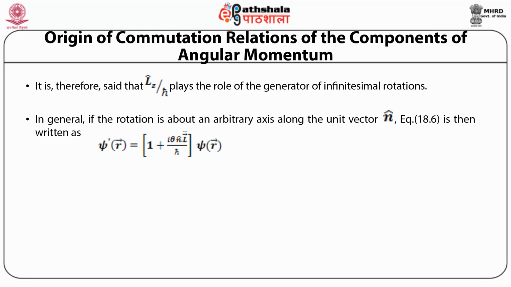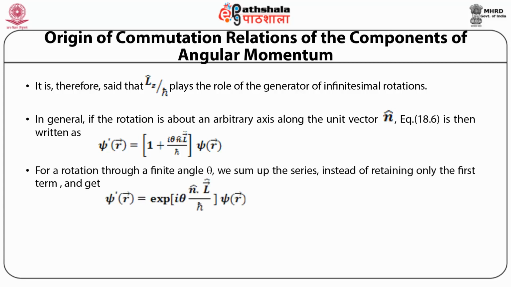In general, if the rotation is about an arbitrary axis along the unit vector n, then equation 6 can be written as ψ'(r) = (1 + iθ n·L/ħ)ψ(r).